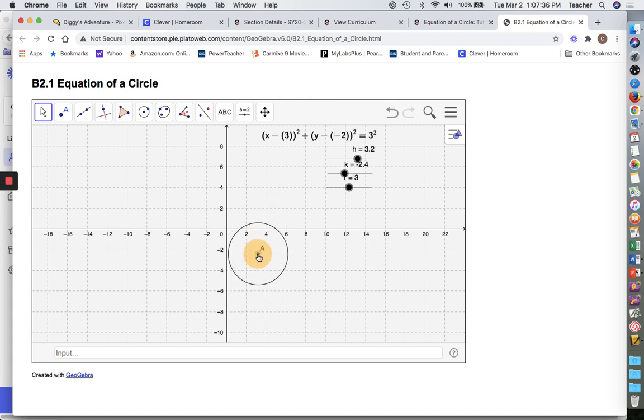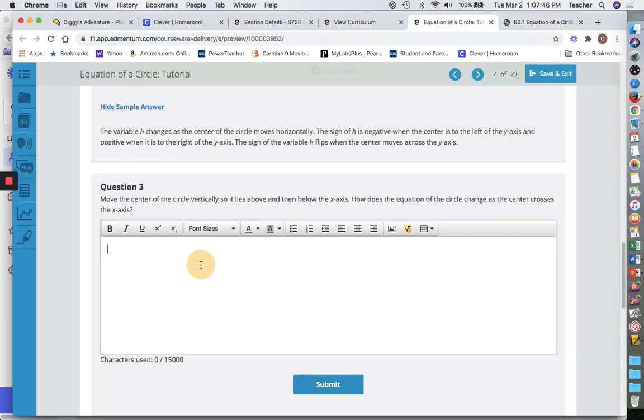So if k is positive, the circle shifts vertically above the x-axis.